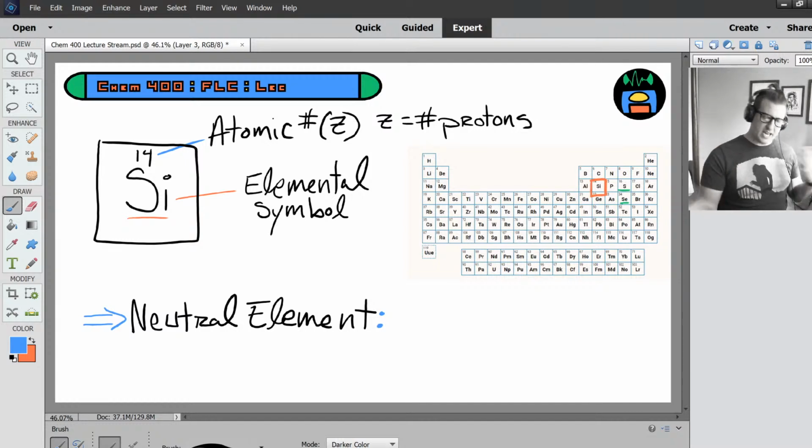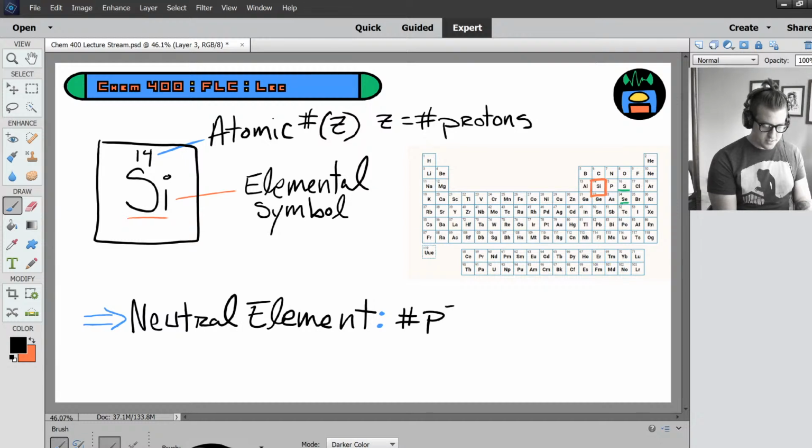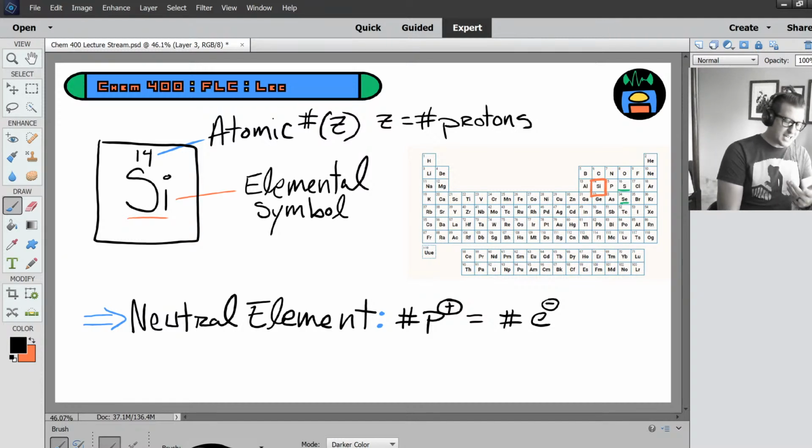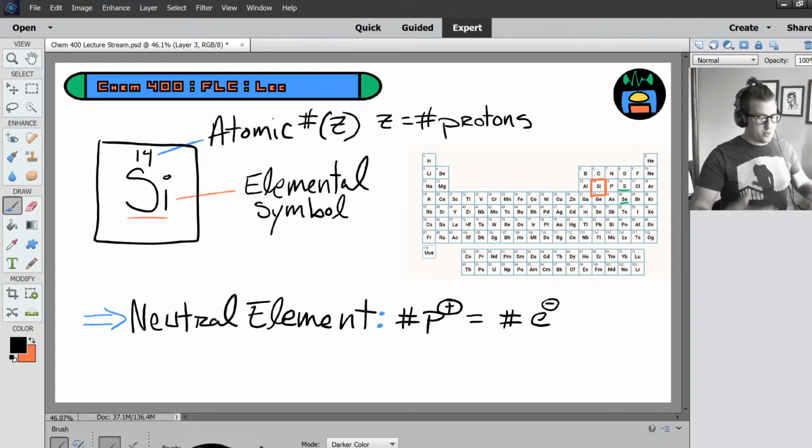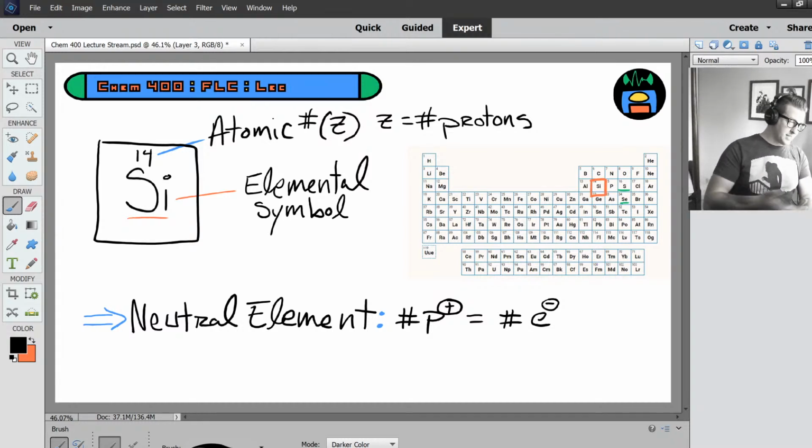That means the number of negatives and positives are the same. So for a neutral element, the number of protons is equal to the number of electrons. Technically the atomic number just tells you the number of protons, but if we're dealing with a neutral element, you also know that that is the number of electrons. So a silicon atom has 14 protons, 14 electrons.